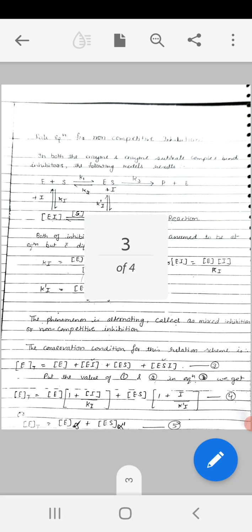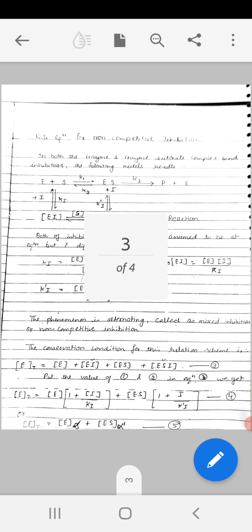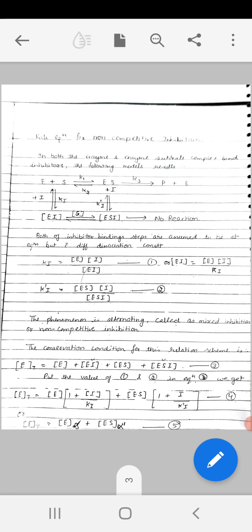Then we get ET is equal to E. What will come in place of EI? In the first equation, after E there is EI. What will come in place of EI? 1 plus I concentration upon Ki, plus ES into 1 plus I upon K dash I.